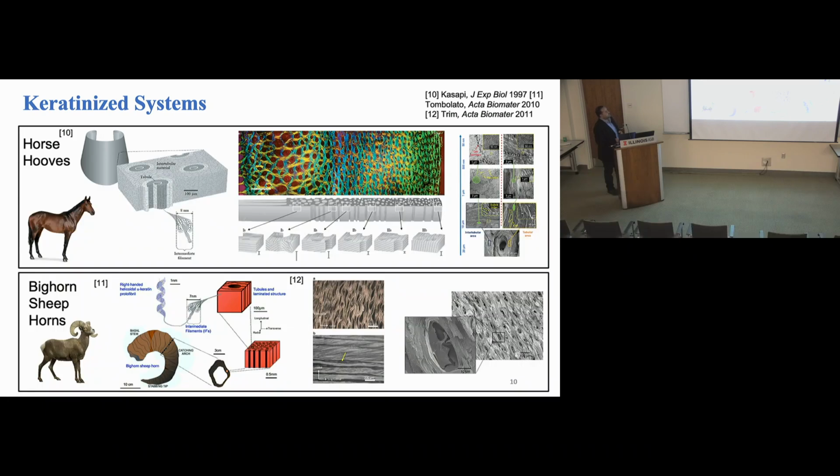So you can see here, this is a horse hoof. It's almost the same structurally as the sheep horn. So it's exactly the same if you look up and down, and we will go more in depth on that because of its keratin system.